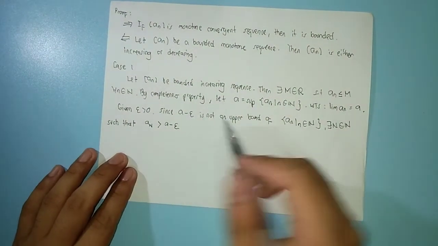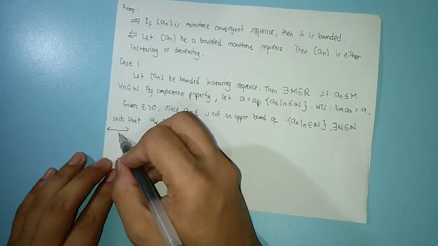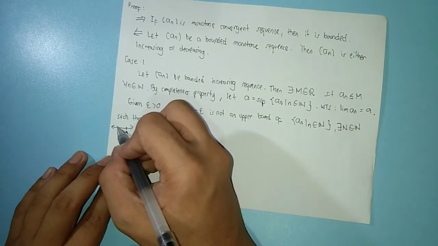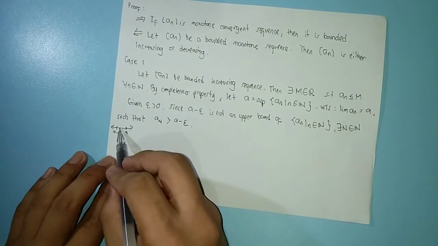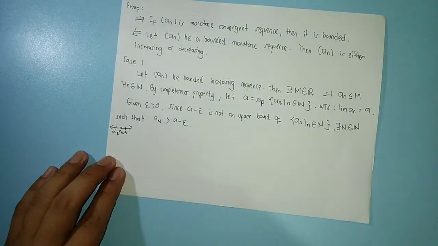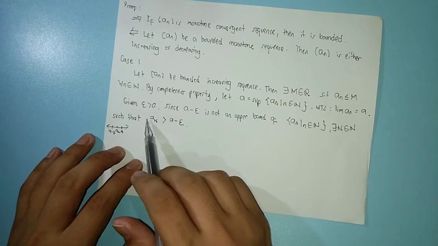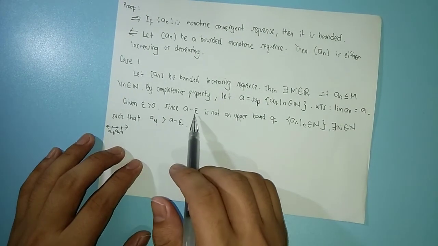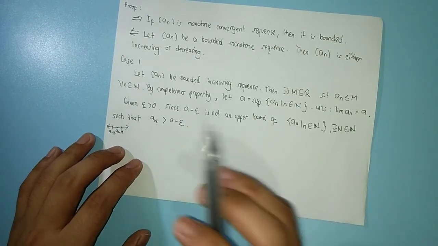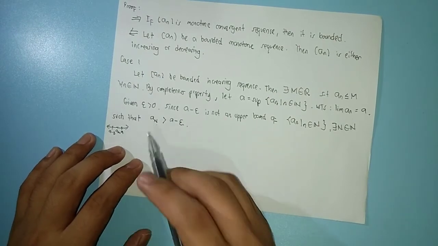Kumbaga, kung itong A minus epsilon sa line natin, dito ko na ilalagay kumbaga, nandito yung ating supremum, tapos let's say nandito yung ating A minus epsilon, may makikita tayo ditong a sub N. Let's say ito ay a sub N na mas malaki sa kanya. Okay? Kasi kung wala tayong makikitang a sub n na mas malaki kay A minus epsilon, so ibig sabihin nun, upper bound to. Okay? Hindi nga siya upper bound, kaya meron tayong makikita na mas malaki sa kanyang a sub n. Okay?